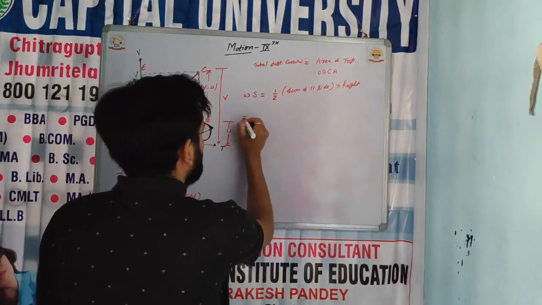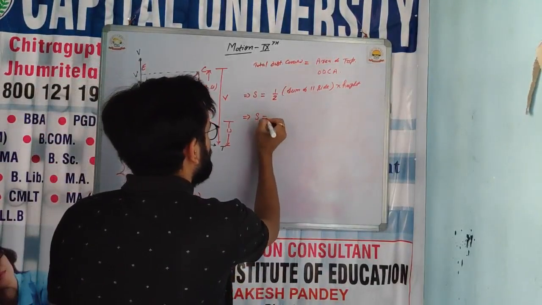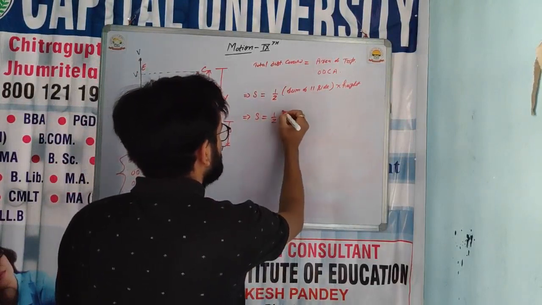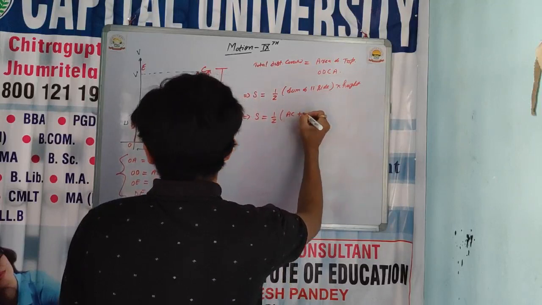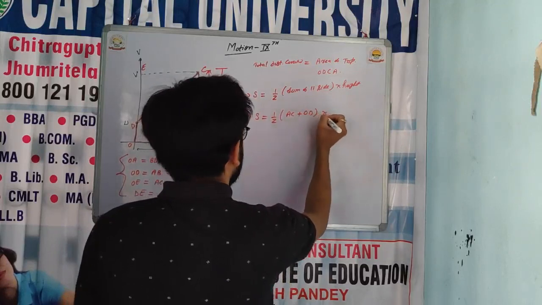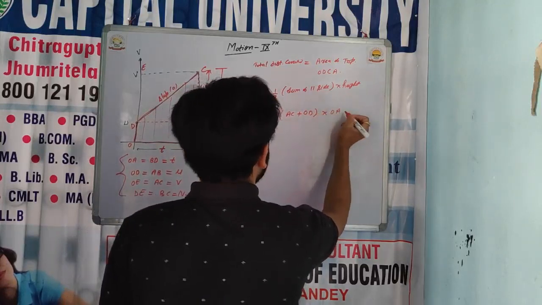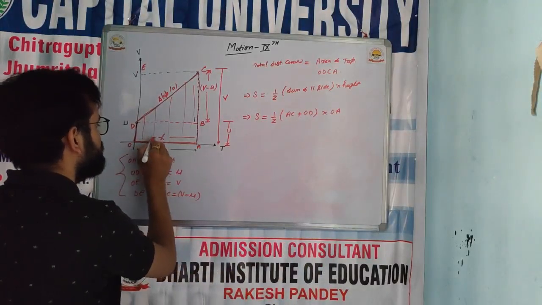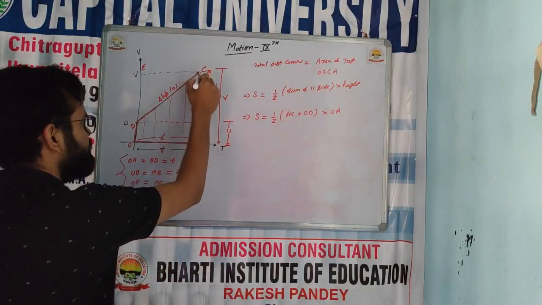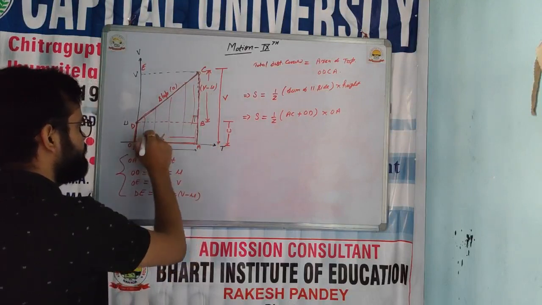So S equal to half the sum of parallel sides. The parallel sides here are AC plus OD and the height is OA. This is the height and these are the two parallel sides because of perpendicularity.